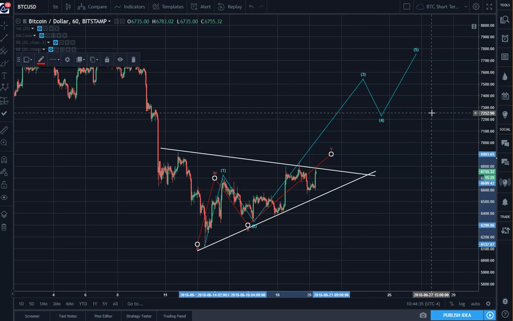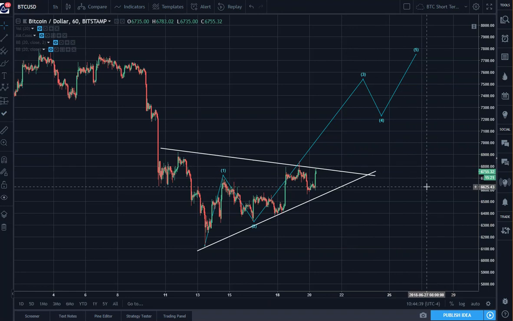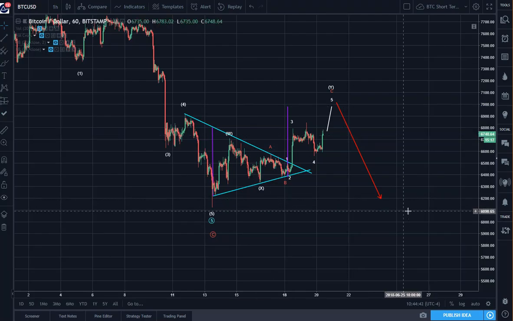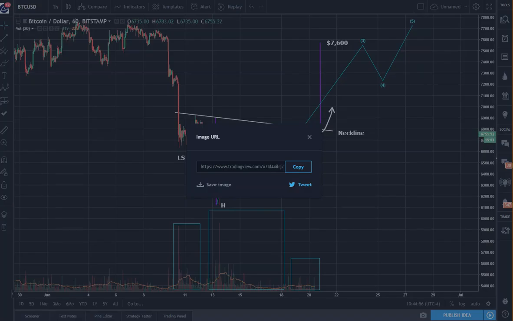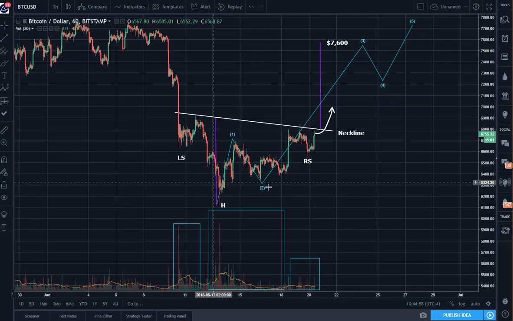But meanwhile, for now, I am going to still keep this as my primary count of the WXY, where we are doing the 1, 2, 3, 4, and 5 of the Y, or 5C of Y. Keep this as my alternate, the inverted head and shoulders.